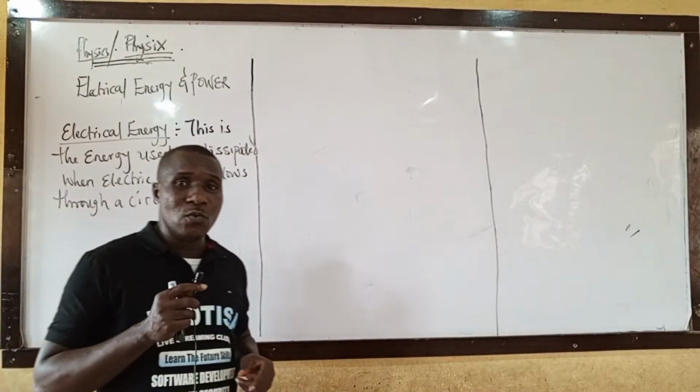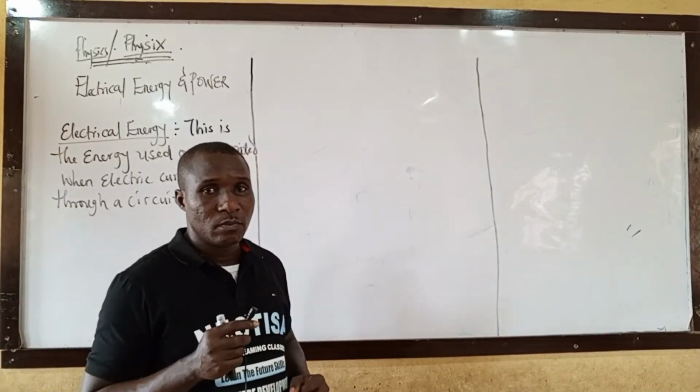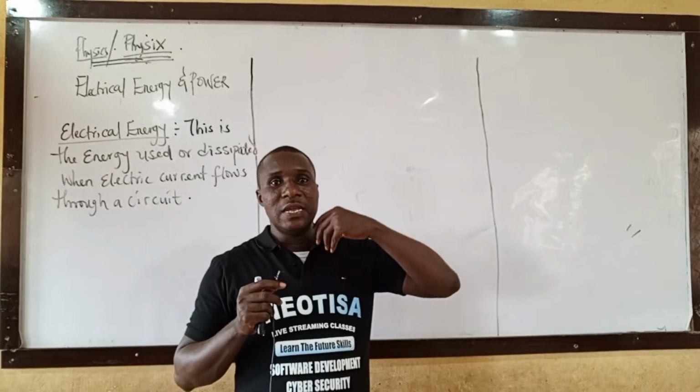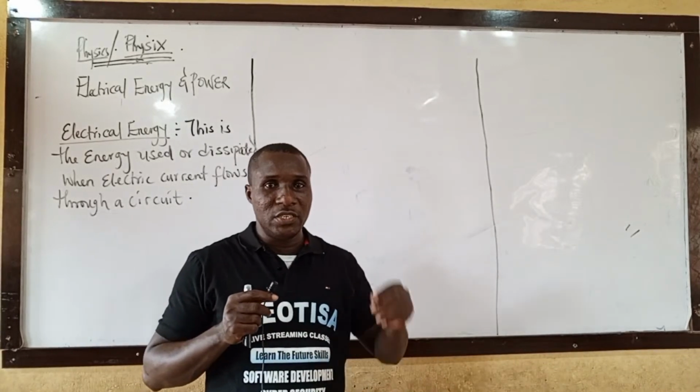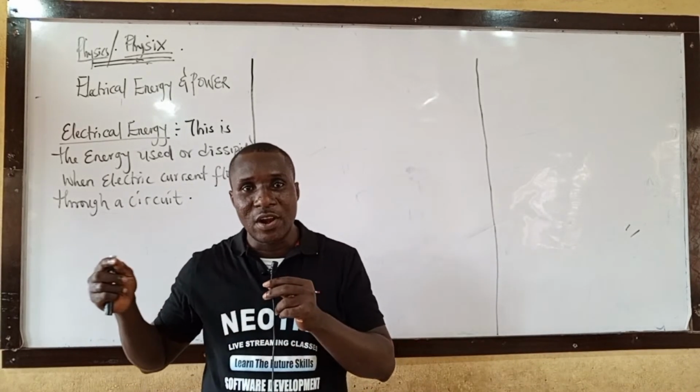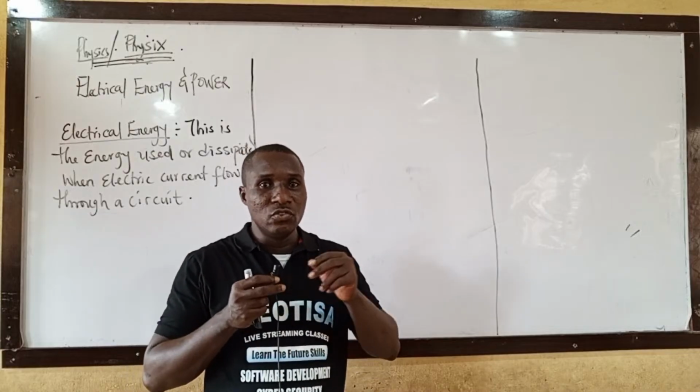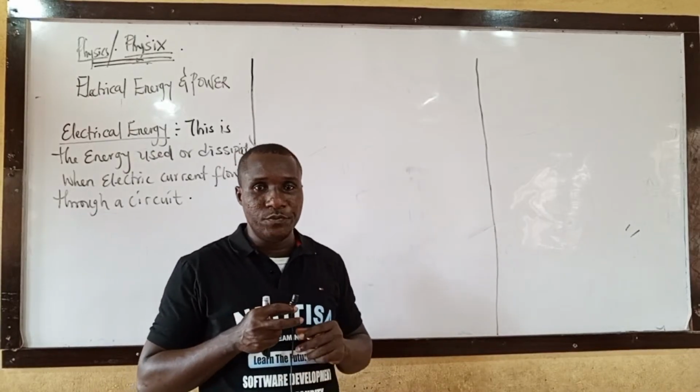For example, when you have a bulb, the energy used in the bulb when electric current flows through it is known as what? Electrical energy.